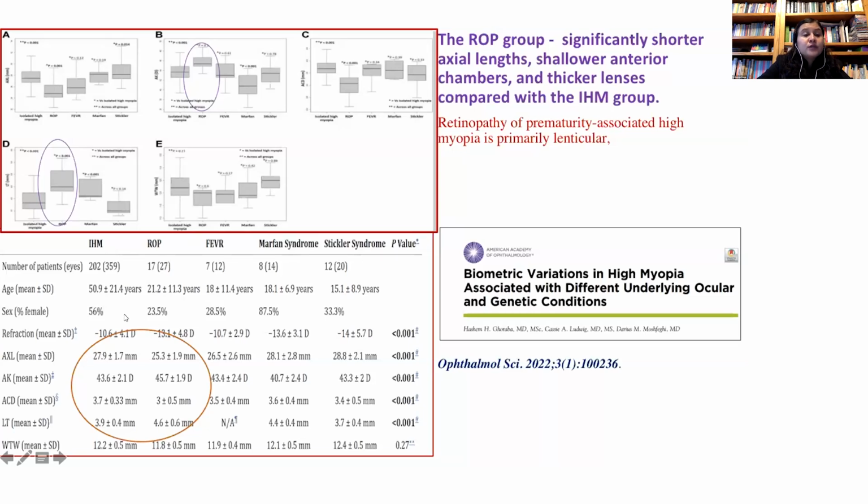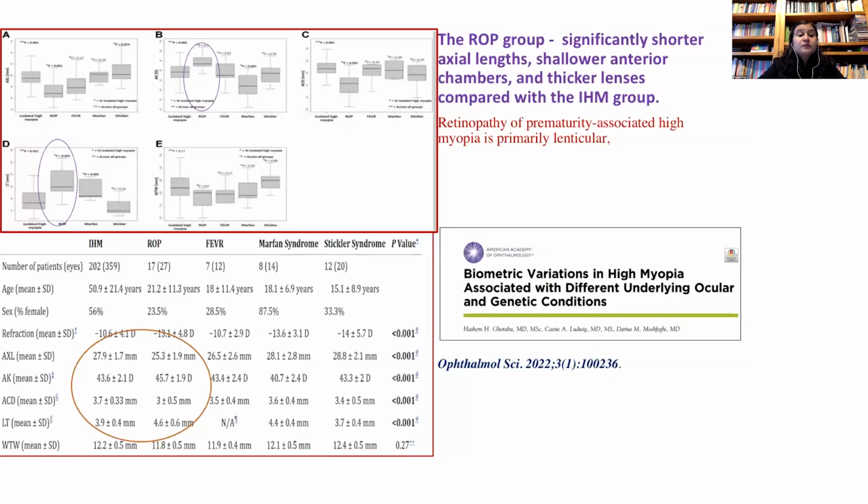And on comparing with the isolated high myopic group, ROP patients have an axial length in the range of 25.3 with a standard deviation of 1.9 millimeters, which is quite less than high myopic eyes, and the steepness of the cornea was increased at 45.7 with a standard deviation of 1.9 diopters.